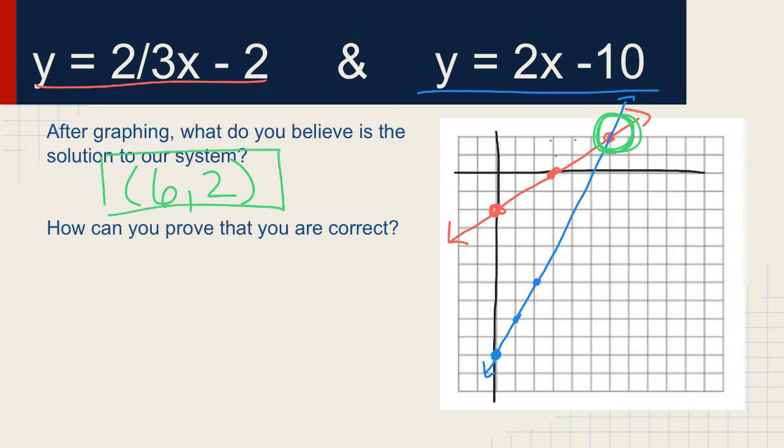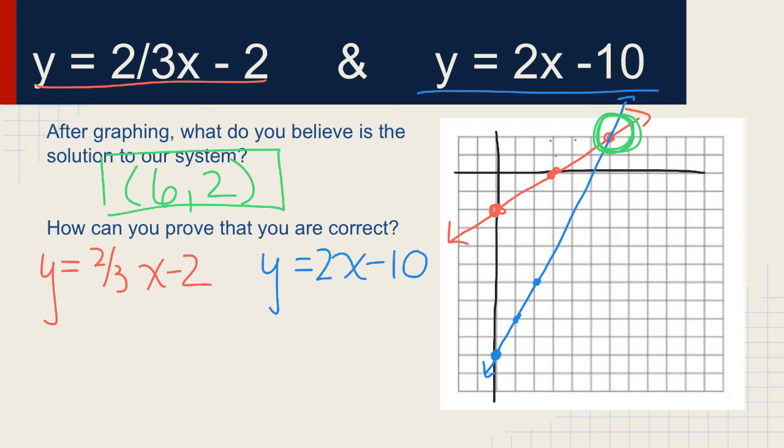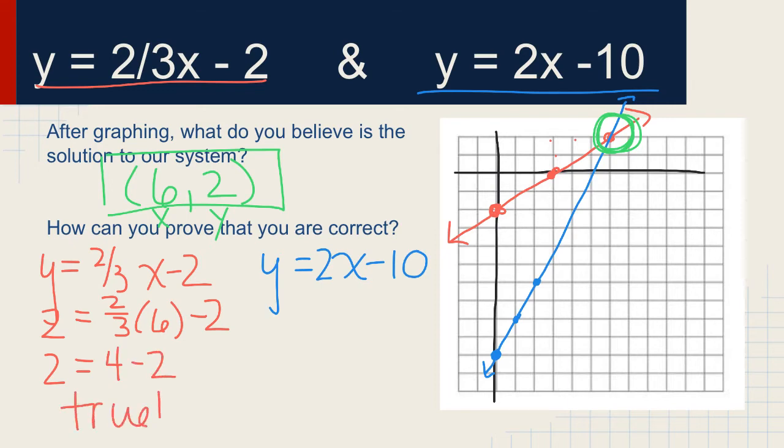To prove if that is right, I'm going to bring down my red equation. I'm going to bring down my blue equation. And I'm going to substitute. I have an x value and I have a y value. So for the red one, my y is 2. Then I had 2/3 times the x number minus 2. 2/3 times 6 is 4, and 4 minus 2 is 2, so that is true.